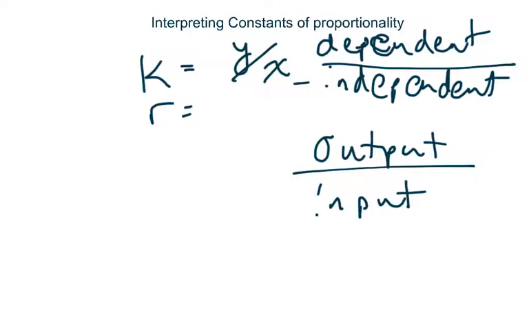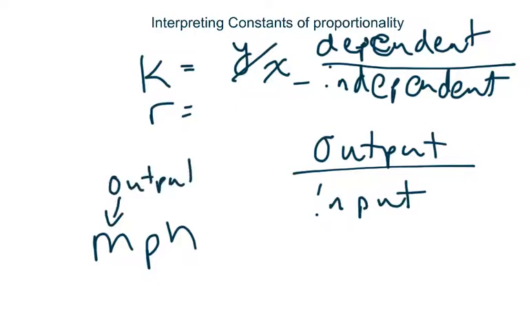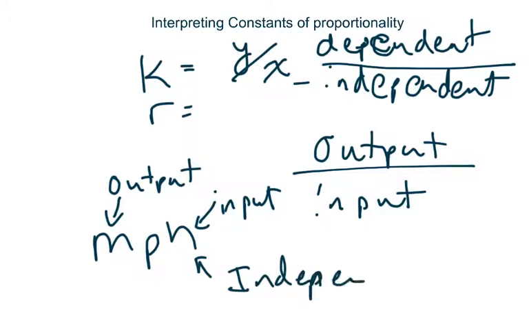So, when we talk like about miles per hour, the miles is your output, the hours are your input, which makes this the independent, and this your dependent.